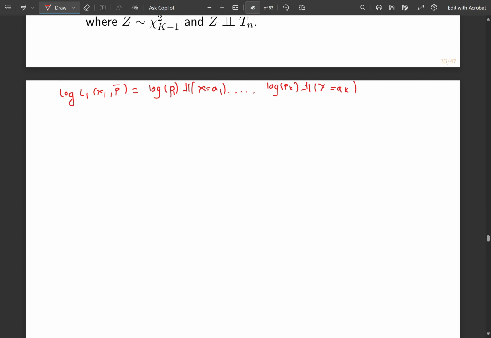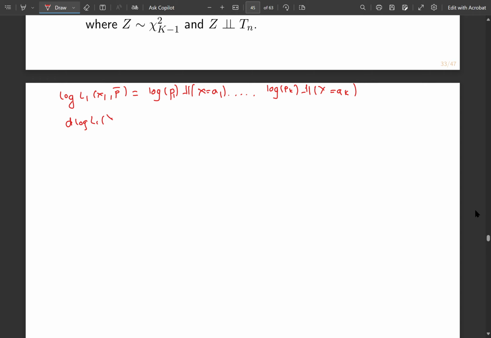Now next step, we take a partial derivative of this expression. Let me take a partial derivative of this with respect to p1, that is log L1 of x with respect to p.